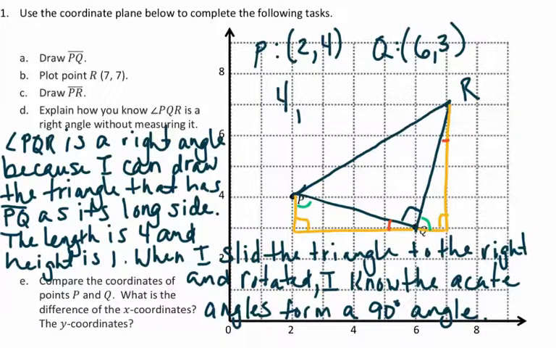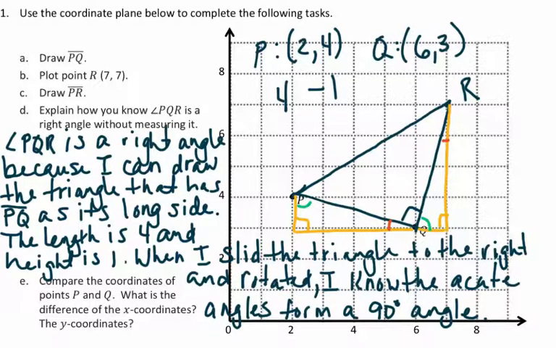And the difference between the y coordinates, 3 minus 4, is negative 1. Which you notice is our change. So from P, you went down 1, and then you went over 4. So that was the change to get to Q.